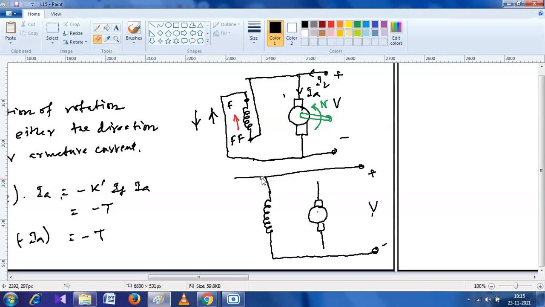The direction of the current to the field is now downward. This is the direction of the IF, and we have to change the direction of the current so that the rotation will be in the reverse direction.